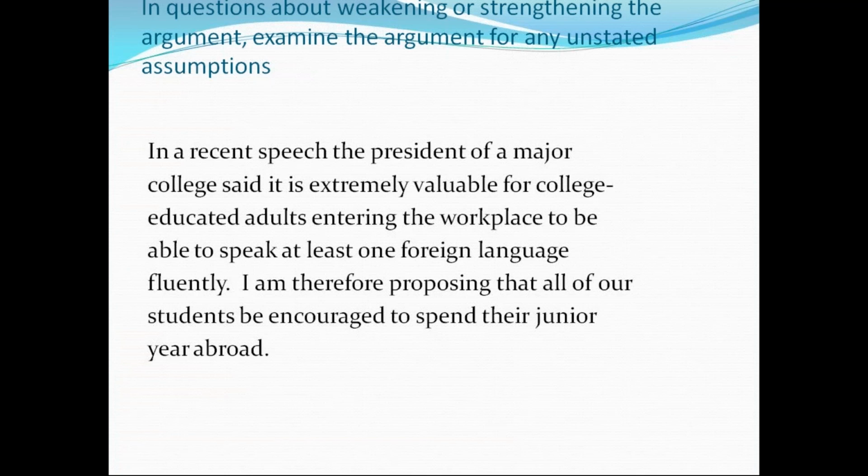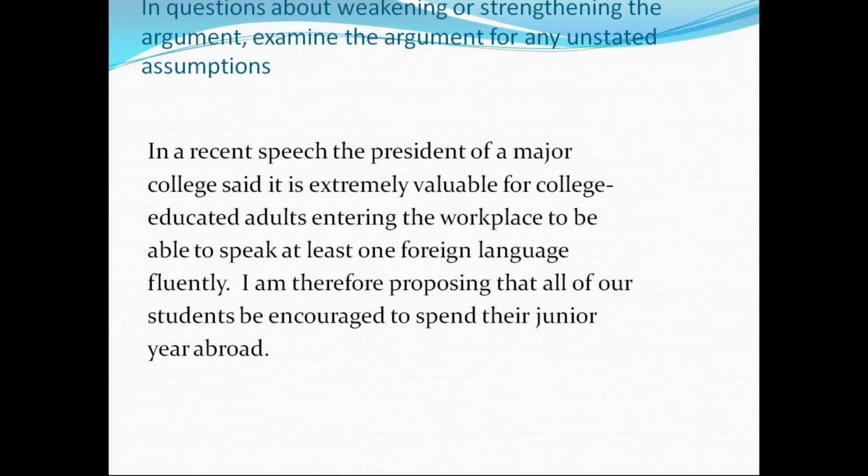Spending a year abroad will not guarantee that you learn a language fluently, and that's what is in the premise: they want them to speak at least one language fluently. So does it mean that if you go abroad for a year, you will speak another language fluently? Maybe, but not necessarily.